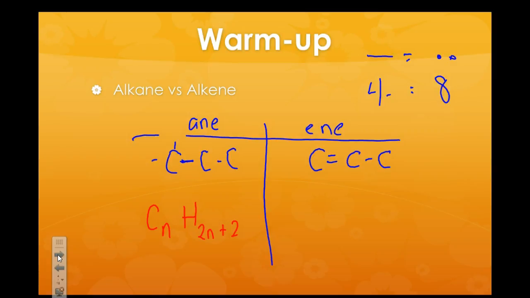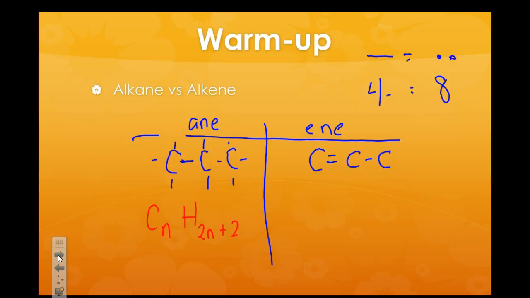I need to add 3 hydrogen to that first one. On the second carbon, I have 1 dash, 2 dash. How many hydrogens am I adding? What about this last one? 1, 2, 3.